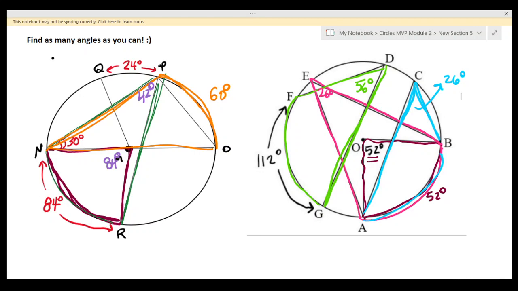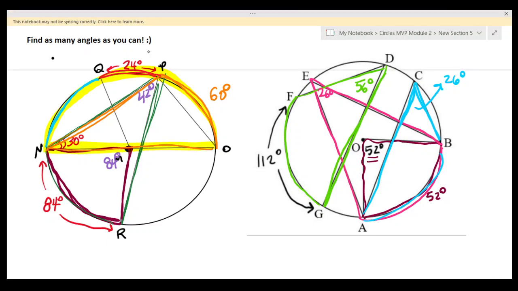So now I'm going to look at the 24 that they gave us. Now, that 24 doesn't really go with anything. It's just there. But we can use that 24 and the 60 degrees we found earlier to find this section. Something you should know, this entire top half is a semicircle because its endpoints are a diameter.